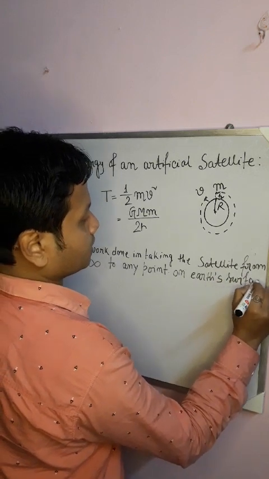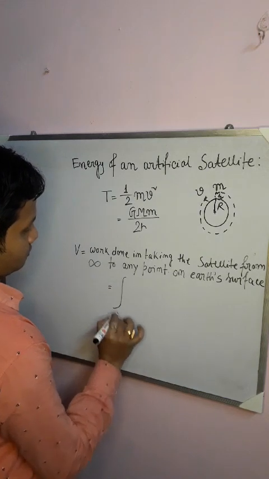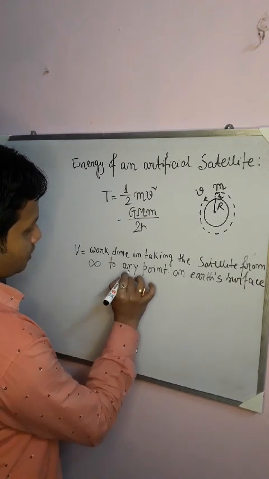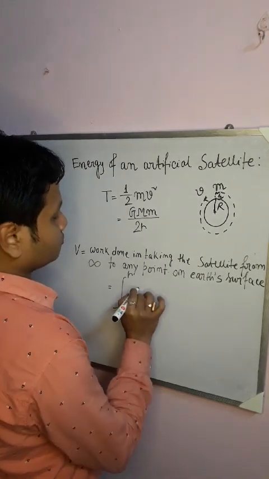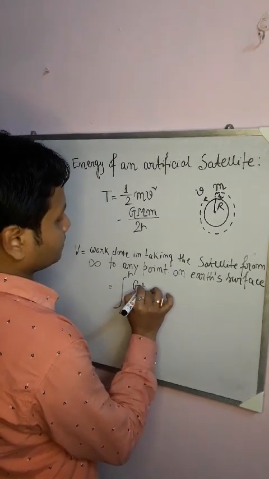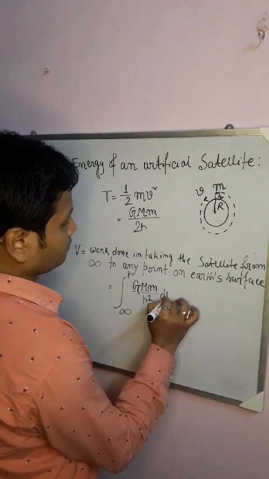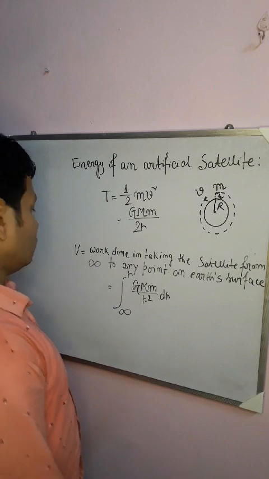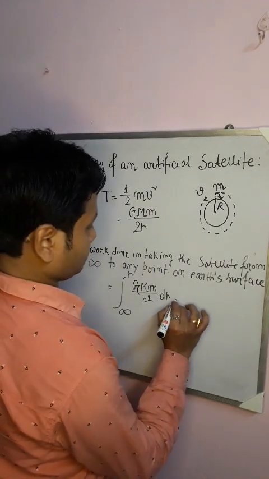so this we can write, so integral from infinity to r, force multiplied by distance. And what is force? Force between the earth and the satellite is GMm by r square into distance. Okay, so this is the potential energy. So let us simplify this.